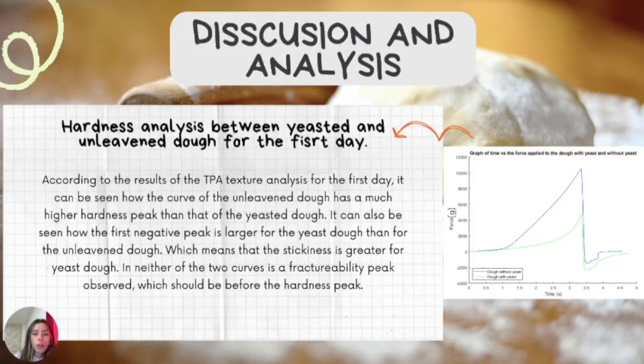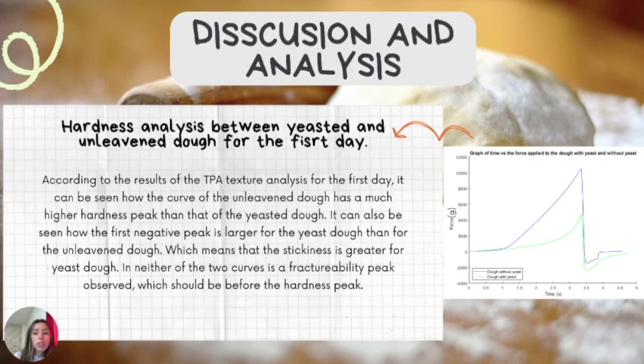For the first graphic, according to the results of the TPA texture analysis for the first day, it can be seen how the curve of the dough without the yeast has a much higher hardness peak than the one with the yeast.